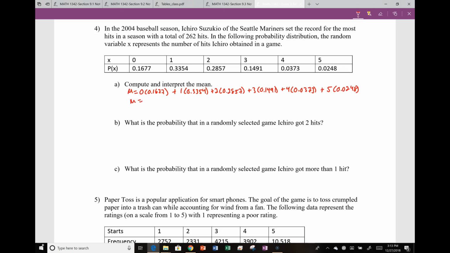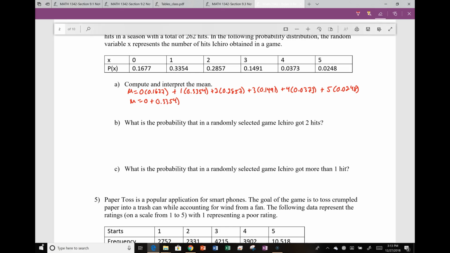Recall that 0 times anything is 0. 1 times anything is itself.